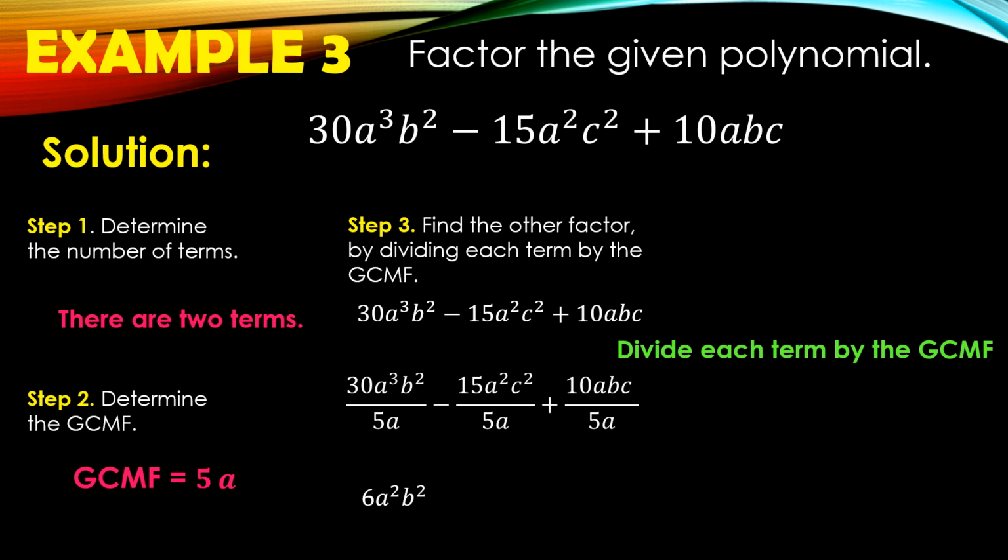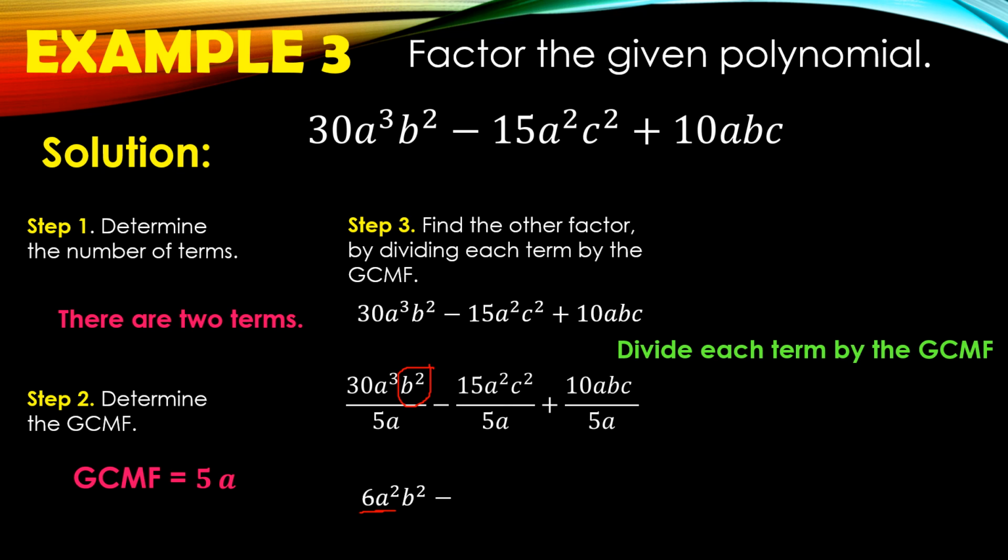So 30 divided by 5 is equal to 6. A raised to 3 divided by a is equal to a squared. And then copy the remaining factor b squared. Copy the operation minus and then proceed to the second term.